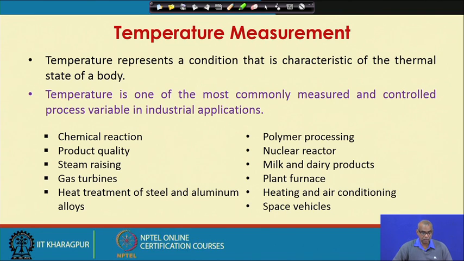There are a large number of applications where you need to measure, monitor and control temperature, such as chemical reaction, product quality monitoring or measurement, steam raising, gas turbines, heat treatment of steel and aluminum alloys, polymer processing, nuclear reactor, milk and dairy products, plant furnace, heating and air conditioning, space vehicles and so on and so forth.